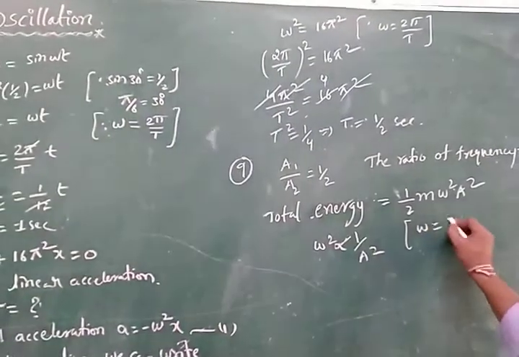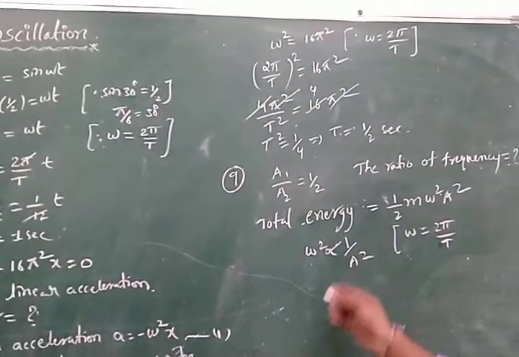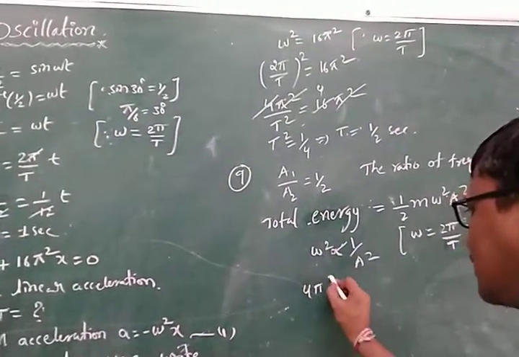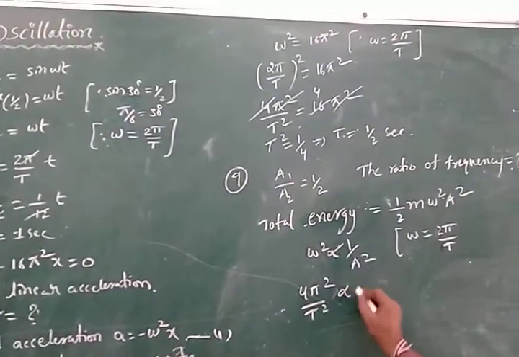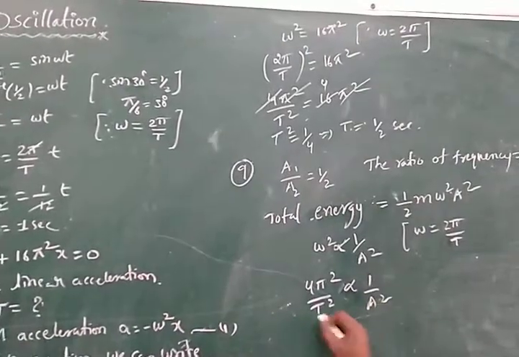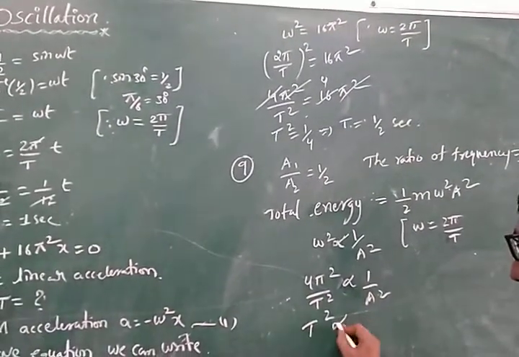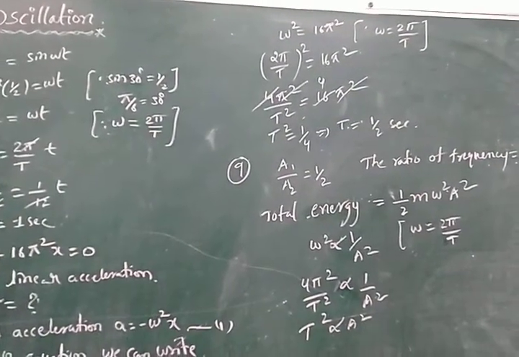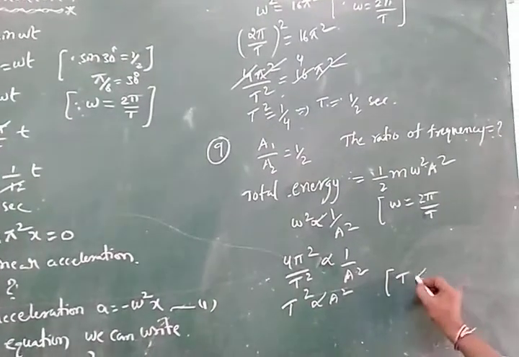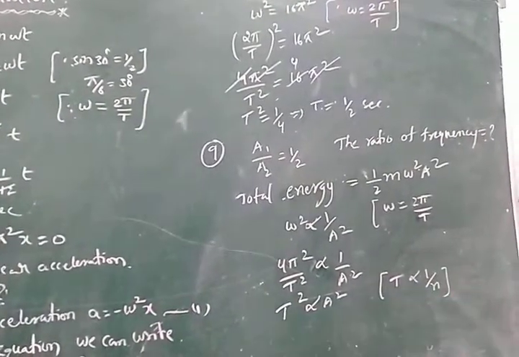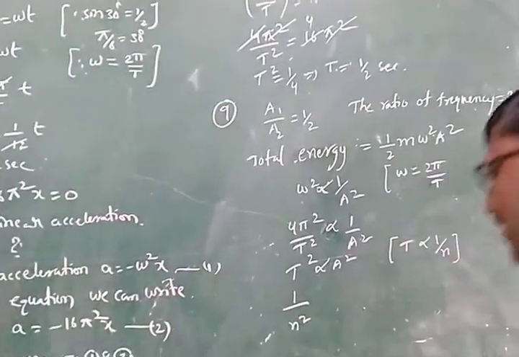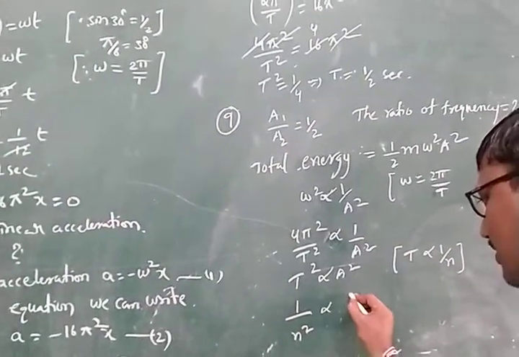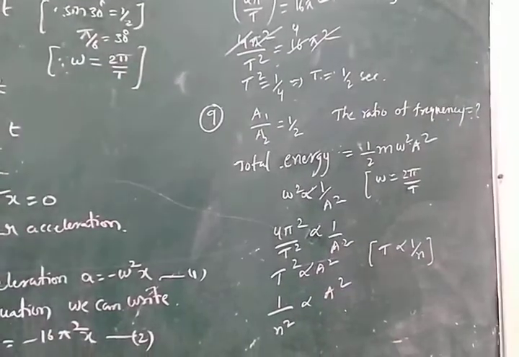Omega is equal to 2 pi by T, so we can write 4 pi square by T square is directly proportional to 1 by A square. That means T square is directly proportional to A square, and time period is inversely proportional to frequency. We can write 1 by n square is proportional to A square.